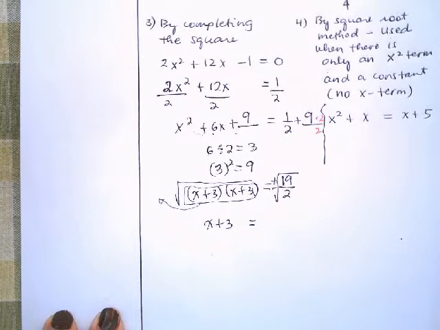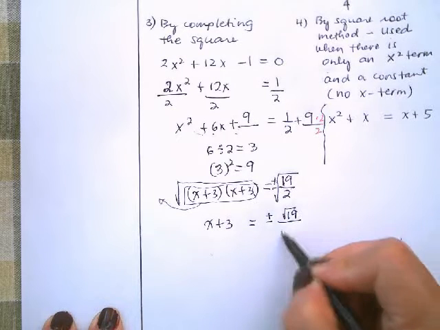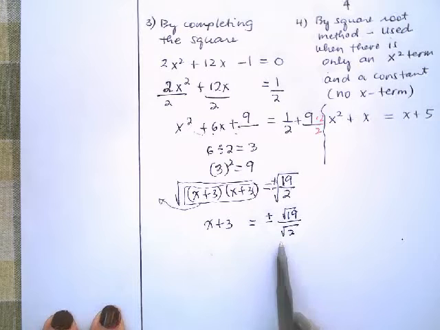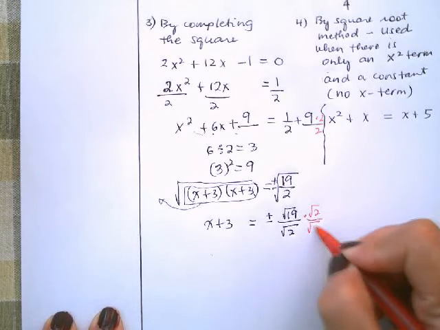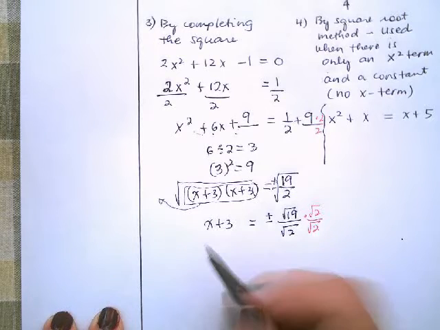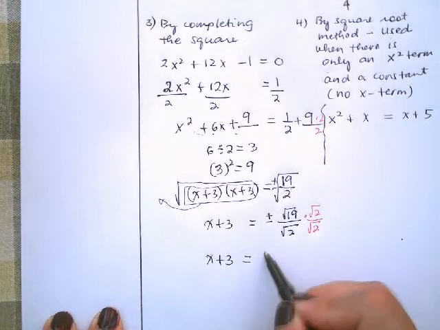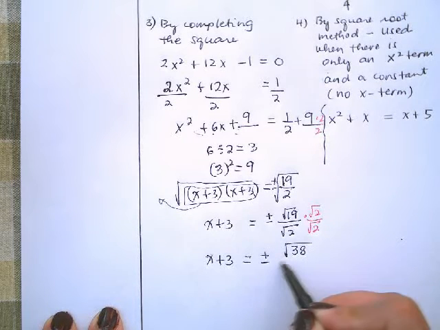So this will just be x plus 3. And this one will be a fraction. You cannot have a fraction in radicals. So what you do is you separate them. Then, I hope you know you cannot have a square root in your denominator. So you have to multiply this by square root of 2 over square root of 2. Rules of radicals. So this will now become plus and minus square root of 38 all over 2.